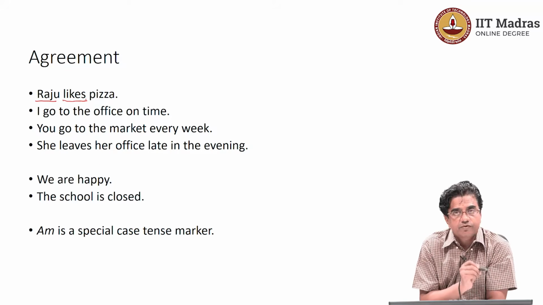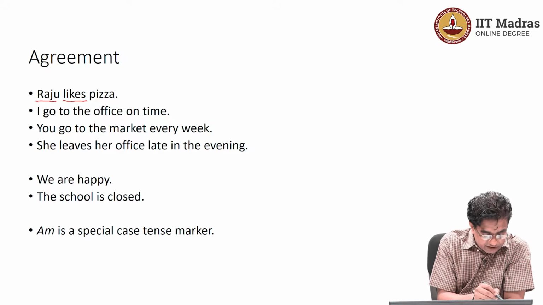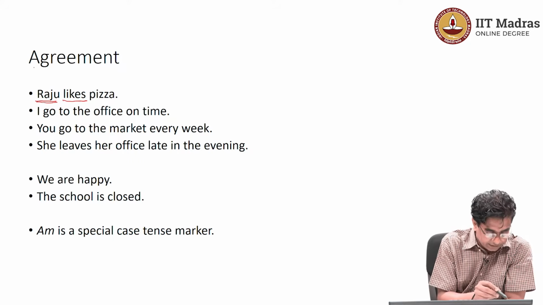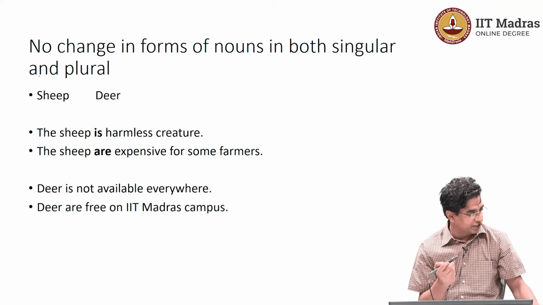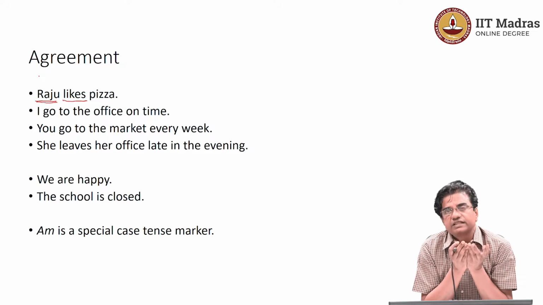So what I am trying to say is the certain features of this element, we call them number, person and gender. In English, gender does not become so apparent, or gender basically we can say doesn't take part in agreement.